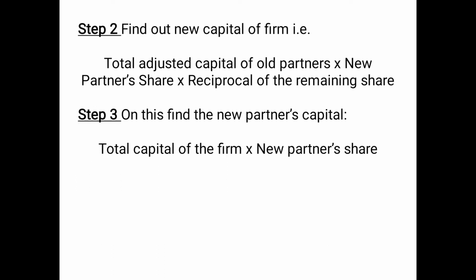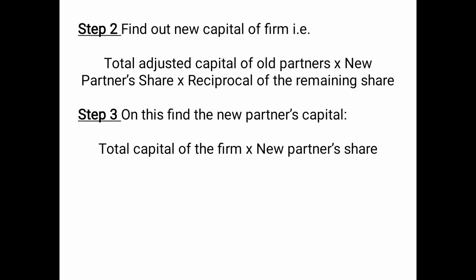Then step number 2 will be to find out the new capital of the firm. That is total adjusted capital of old partners multiplied by new partner's share multiplied by reciprocal of the remaining share. So this formula will be applied to calculate the new capital of the firm on the basis of old partner's capital.